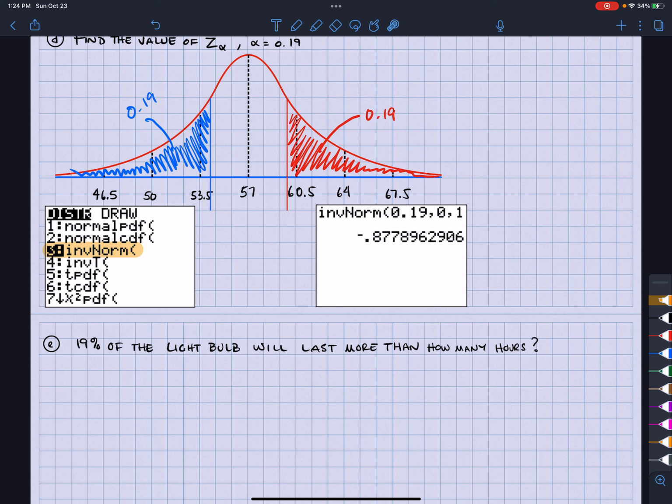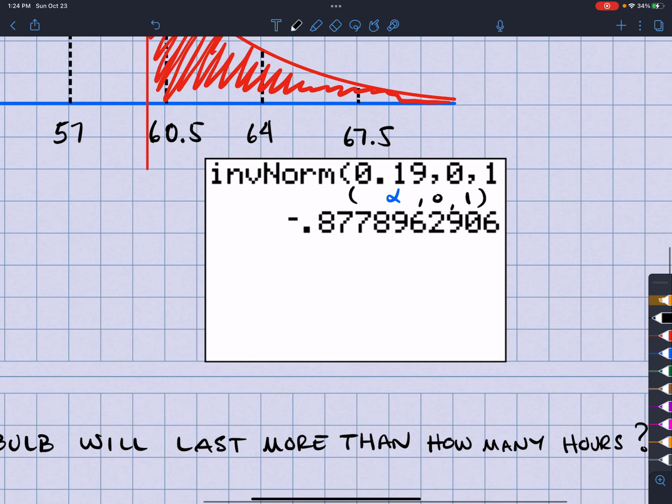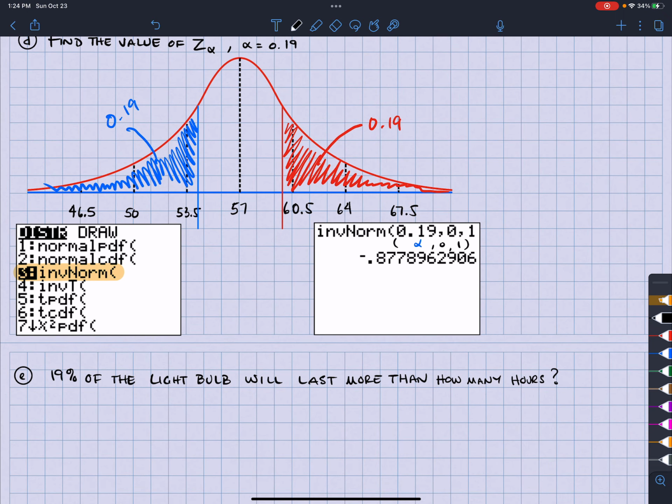So notice what it's asking for. I'm looking for the alpha, and then again 0 and 1. So this is the percentage I give. When I type it in just as alpha, comma 0, comma 1, what it gives me is a negative 0.8779.